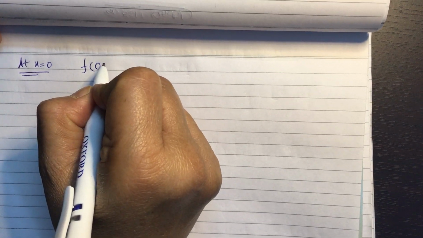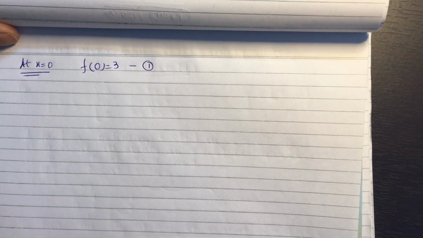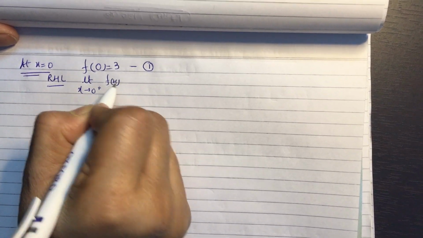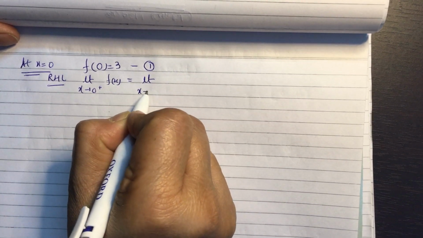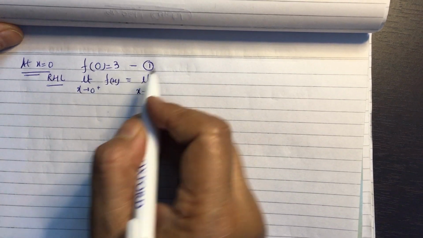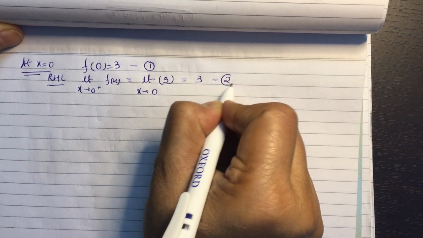So at x equal to 0 we are checking. First of all, we'll check the value of the function at x equal to 0, which is 3. Let's call it equation number 1. Now to check the right hand limit, limit x tending to 0 plus f(x) is equal to limit x tending to 0. We drop this plus sign, write the definition on the right of 0, which is 3, and this comes out to be 3.